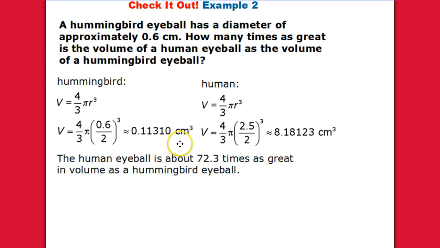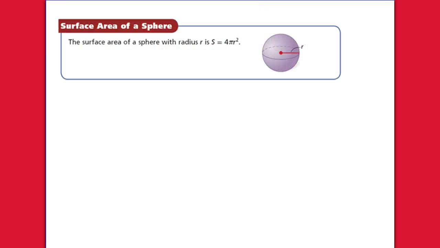But once we know that the hummingbird eyeball is this small in volume, this tiny thing, we would say 0.11310 times x, times what? X equals this human eyeball. And when you divide both sides, you would find that x equals about 72.3 times as great in volume as the hummingbird eyeball.